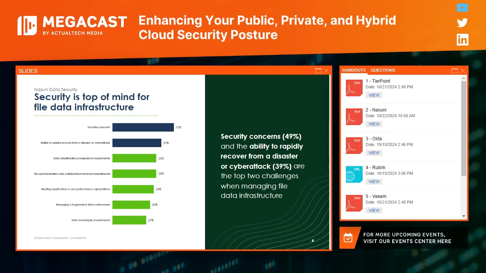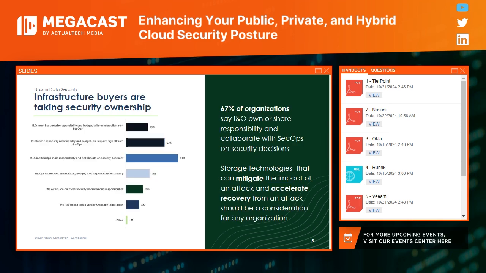And when you think about it, with organizations, much of the data falls in file shares. And when we are an infrastructure company, a storage infrastructure company, and we have customers with petabytes of data on Nasuni, security is super important for our platform. Another interesting stat I wanted to point out, because I've seen talks of this recently, I think Gartner has been talking about this as well, is that security is not falling just with the security team.